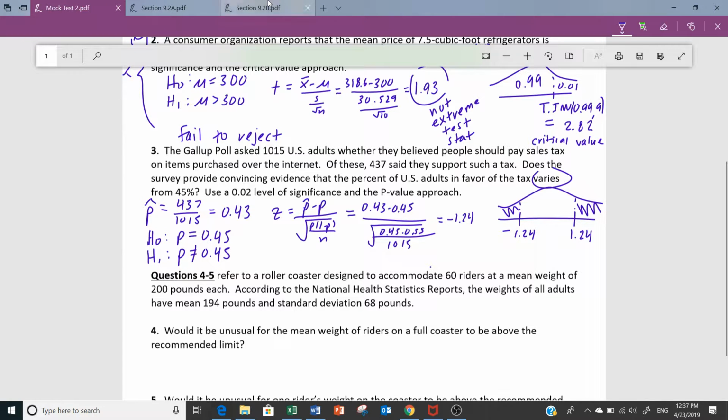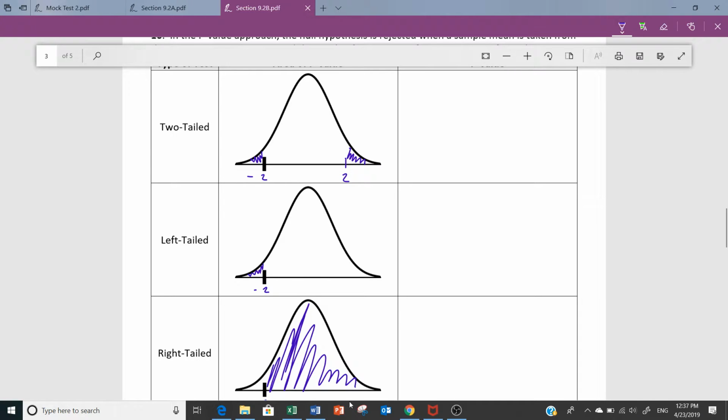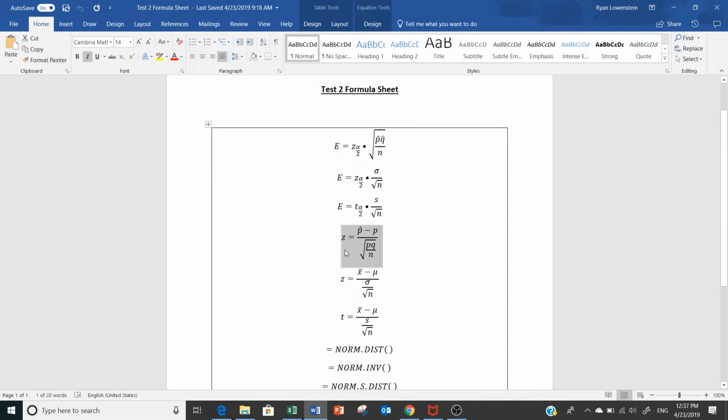If we look at the formula sheet, there's a z here. It's not a t, it's a z. For formulas, which ones use norm.s? Formula 1 and formula 3.